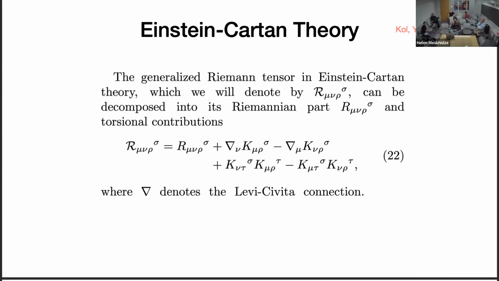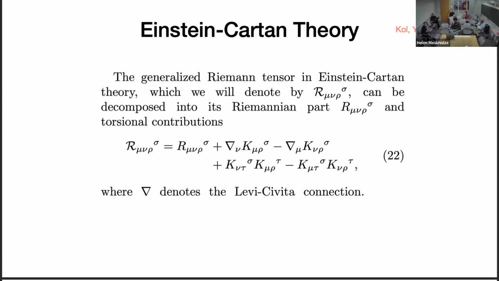And so on this Riemann-Cartan manifold, we have the curvature tensor. Also, I would note the generalized curvature tensor of this manifold. It decomposes into its Riemannian piece and a contribution due to torsion or contortion.